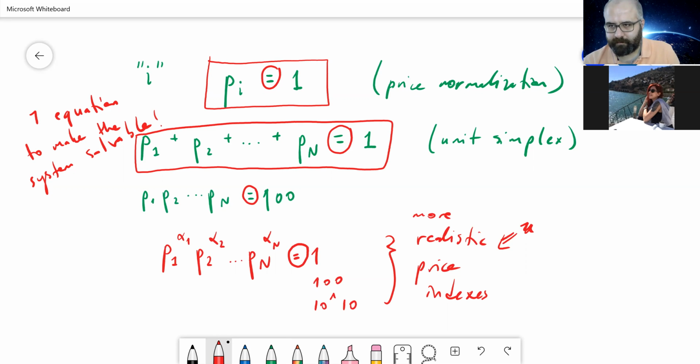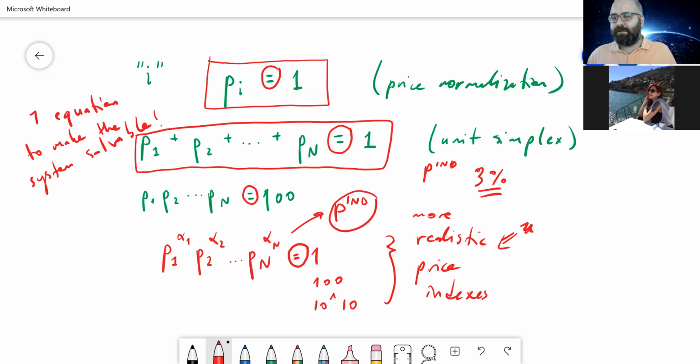Here, for instance, you can define this as a price index, and then you can talk about inflation, where the price index is growing, such as 3%. All right? So then you can talk more specifically about the inflation rate, for instance.